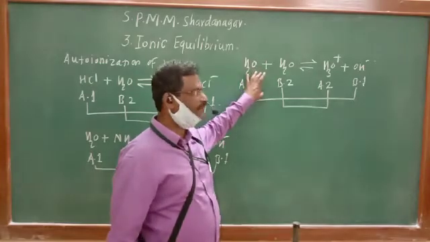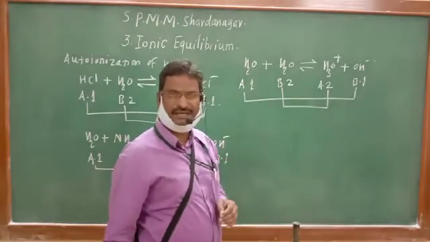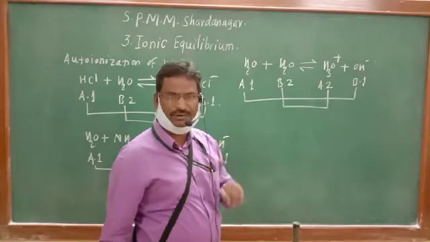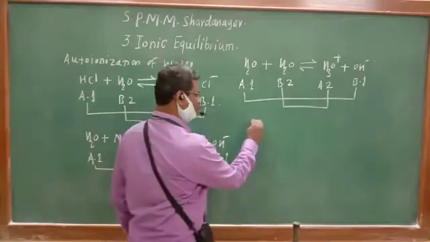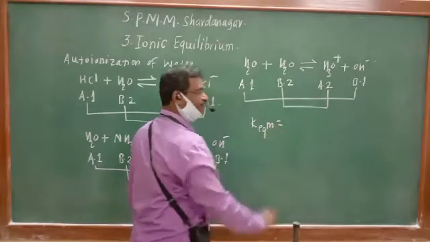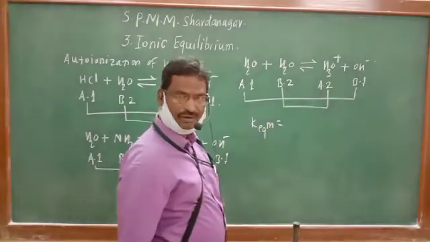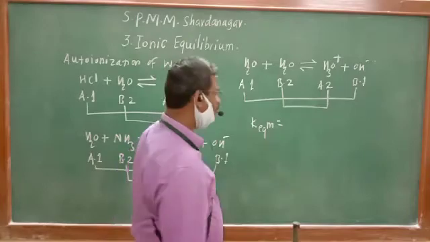To this equilibrium, if we apply the law of mass action and calculate the equilibrium constant, see what happens. What is the equilibrium constant for this reaction? K equilibrium is the concentration of products divided by the concentration of reactants.